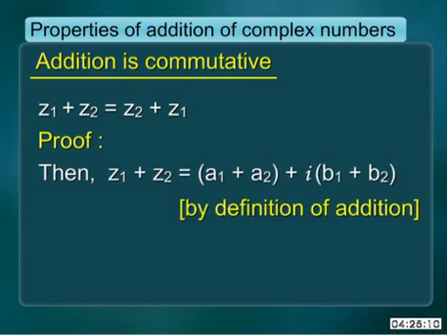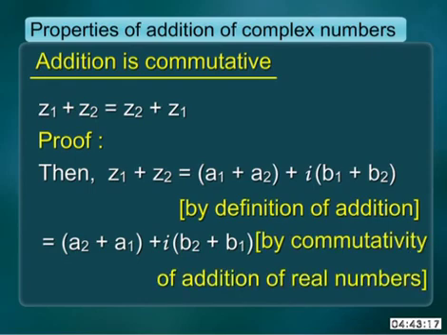Then, by the definition of addition, Z1 plus Z2 is equal to A1 plus A2 plus iota into B1 plus B2.